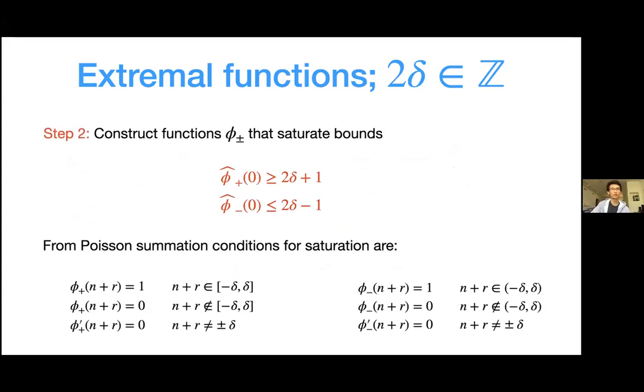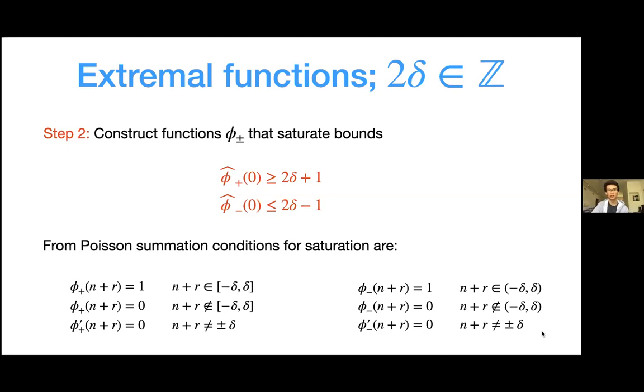Now step two is you construct the functions that saturate these bounds explicitly. In fact, from the way we derive these bounds from the Poisson summation formula, it's pretty clear what kind of conditions these functions phi should satisfy.